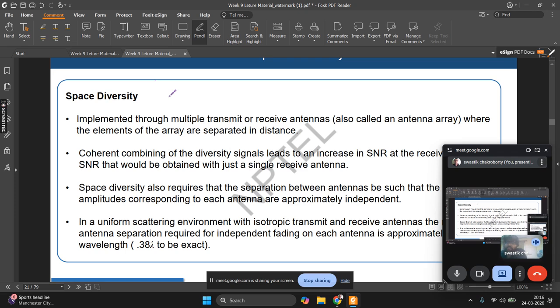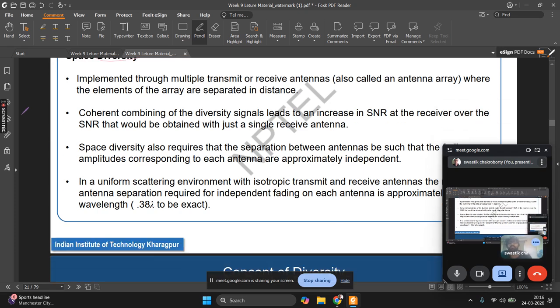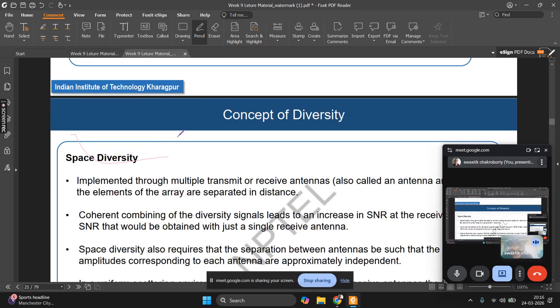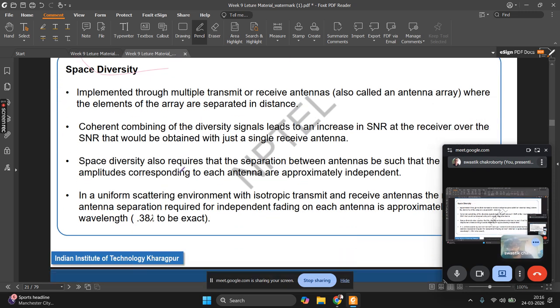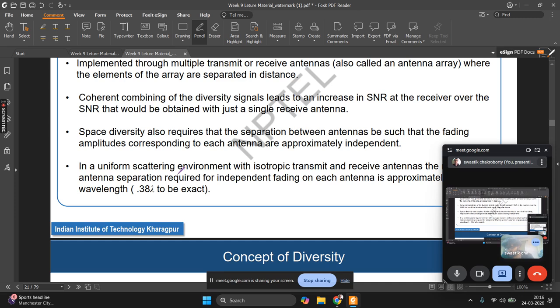Coherent combining of the diversity signals leads to an increase in SNR at the receiver compared to what would be obtained at a single receiver antenna, because you are getting signal from multiple antennas. If you can combine them in a way which does not destructively interfere with the other waves, then you can have an SNR that is higher than the actual SNR.